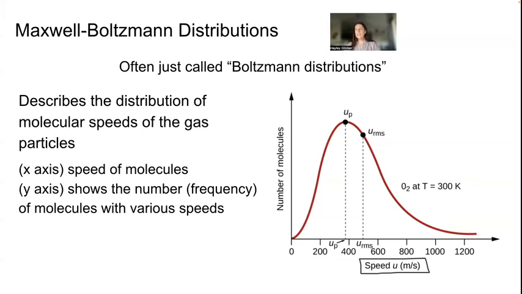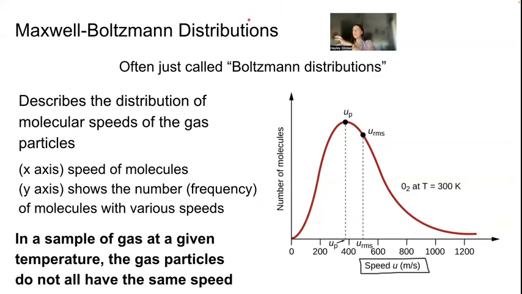And our Y-axis is the number of molecules. So what this graph is showing is our speed of gas molecules and how frequently those gas molecules are at different speeds.